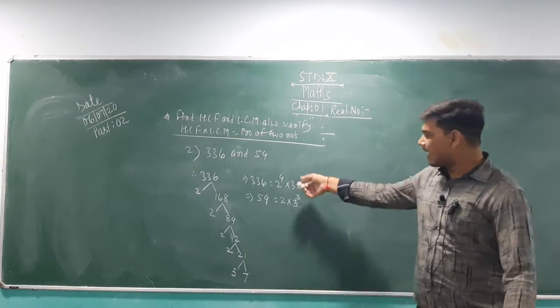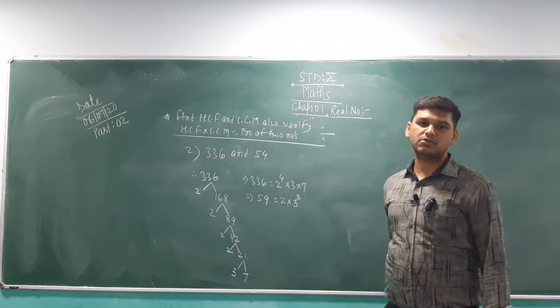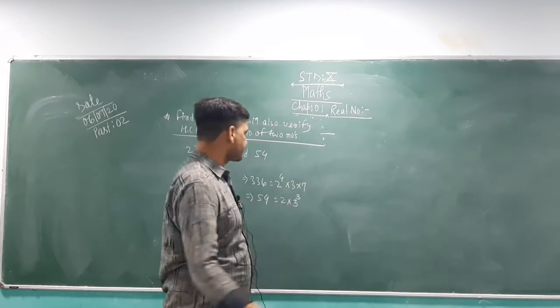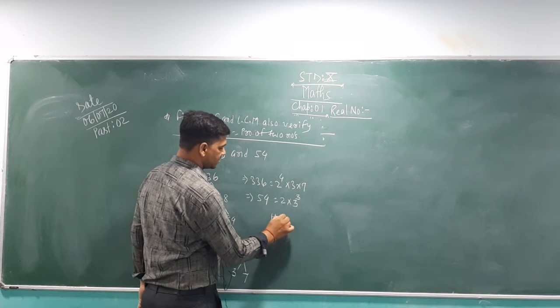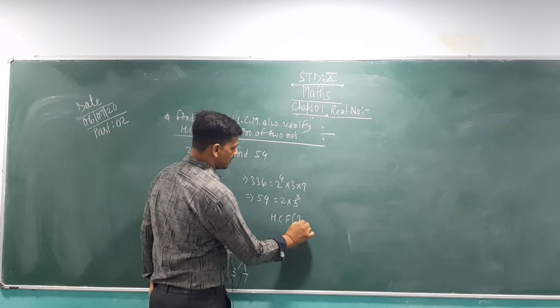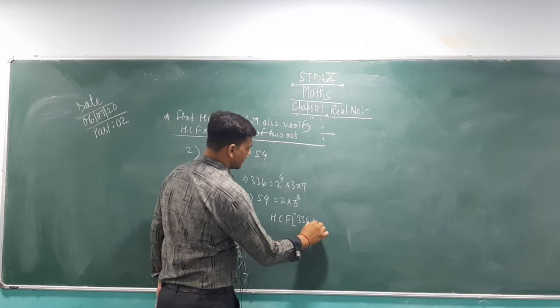Now I have to find out the HCF and LCM of the two numbers first of all, then we have to verify. Now HCF of 336 and 54.